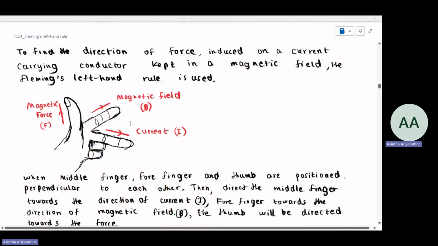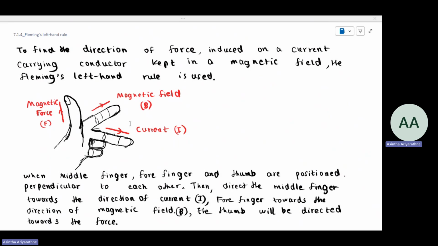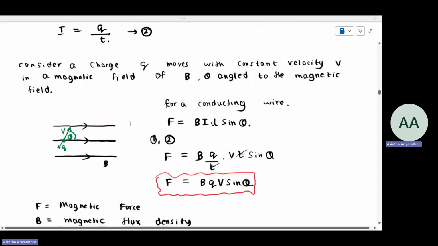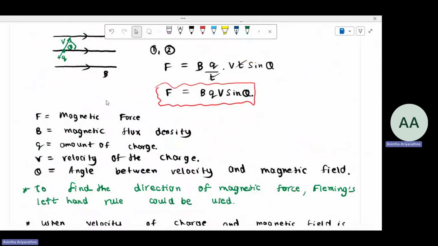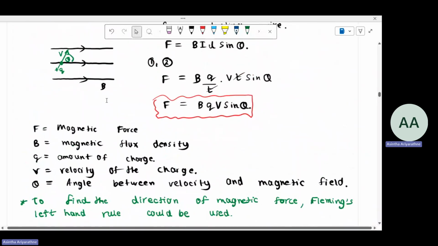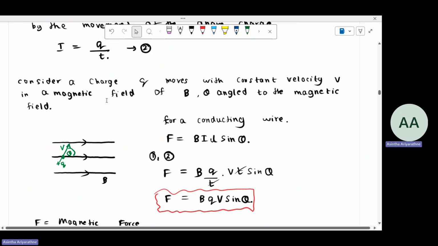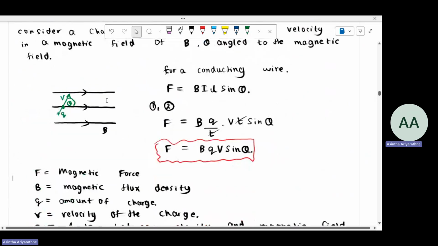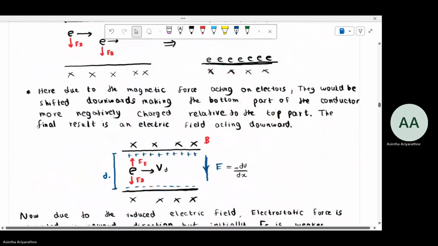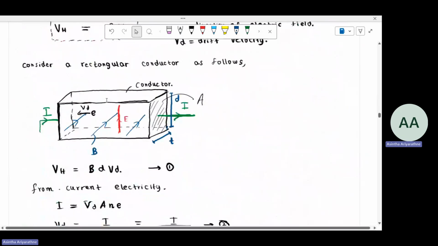And then we learned about the left hand rule to identify the relation between magnetic force, magnetic field, and current, which are perpendicular to each other. And then we learned about the force acting on a moving charge, F equals B Q V. Then the Hall effect.